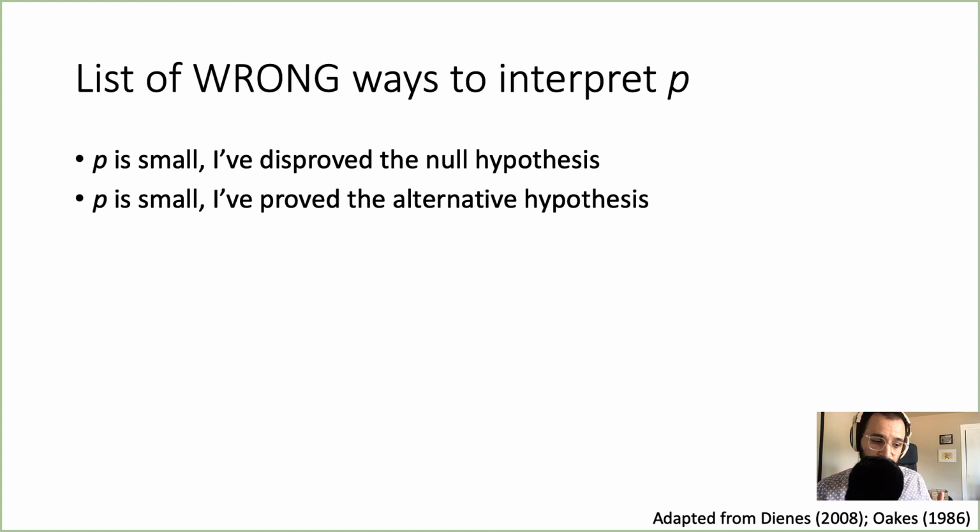But what we do is we make a sort of 3-step statistical leap in our writing in which we say, if the null hypothesis were true, these data would be super unlikely. So because I got them, I think that the null hypothesis is not true, and because the null hypothesis is not true, and I set up this complicated logical scenario, I think the alternative hypothesis is more likely now to be true.